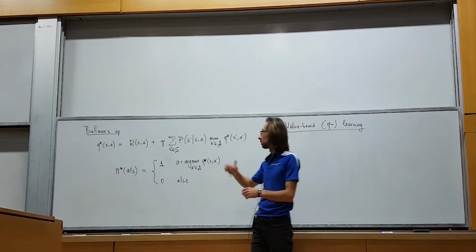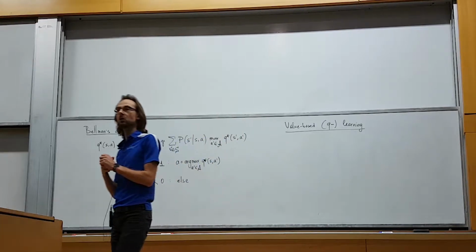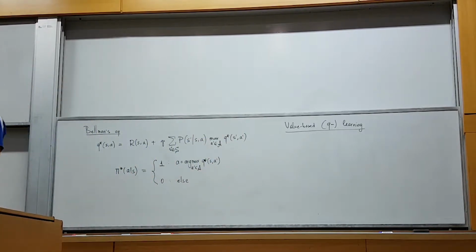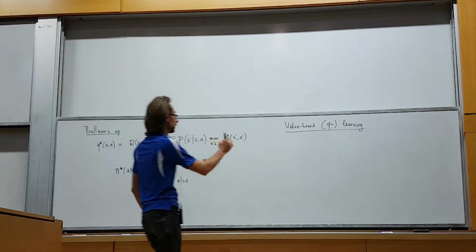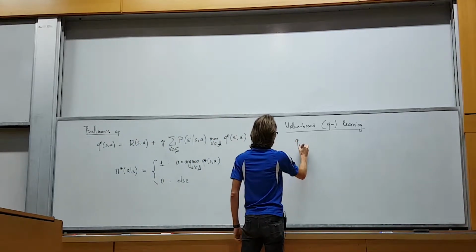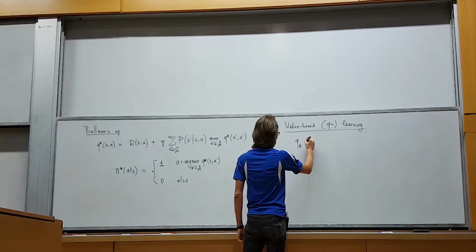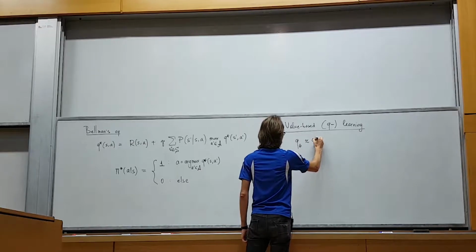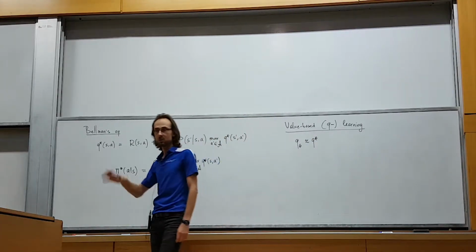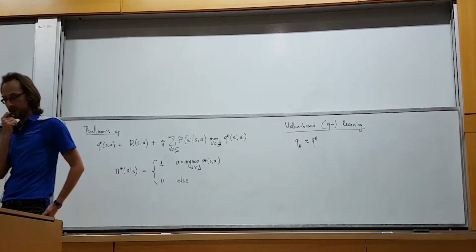Basically, we are going to replace Q by some approximator. So we have a neural network, let's call it Q theta, that will approximate Q star. And theta are the parameters, and this could be a very complicated neural network.